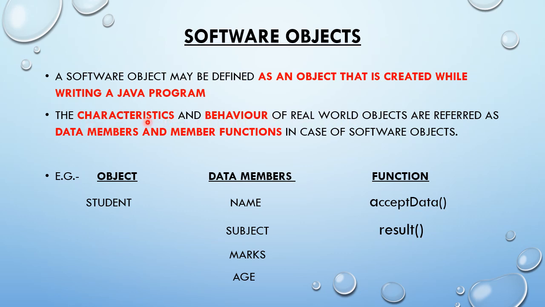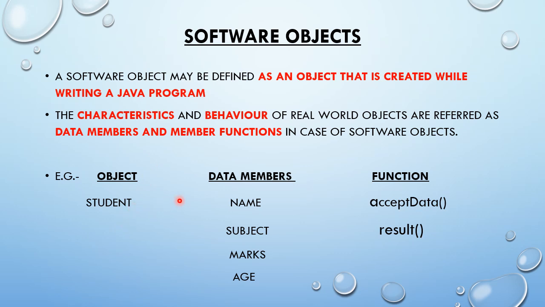So in case of real-world objects, we described characteristics and behavior. Now in case of software objects, the terms will be changed. Meaning will remain the same, but the terms will be changed. Now the characteristics will become data members and behavior will become member functions. Fine. So in programming, we will use these terms instead. Now for example, I am taking an object student.